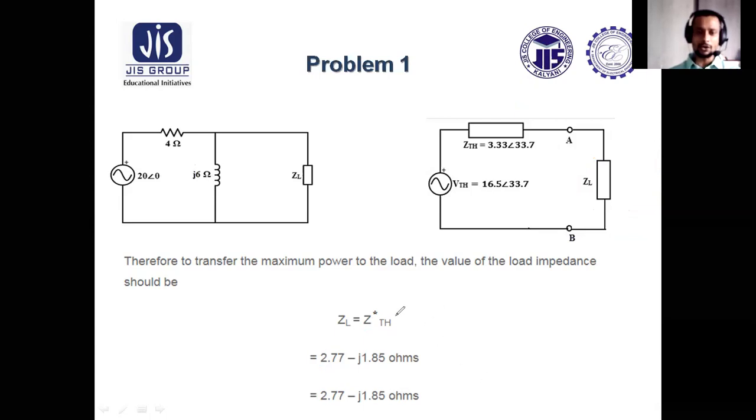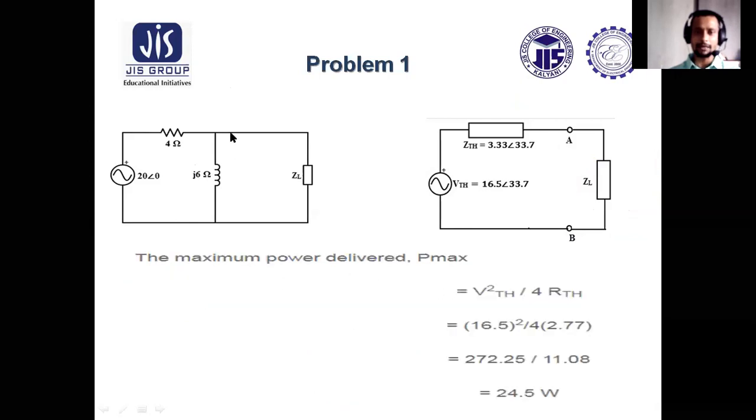Now RTH or RL is found. You can apply the formula written in step 5 to find the maximum power delivered, that is VTH square by 4 RTH. So VTH is 16.5, and RTH will be 2.77.